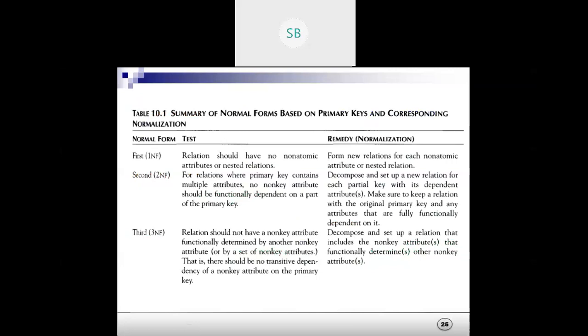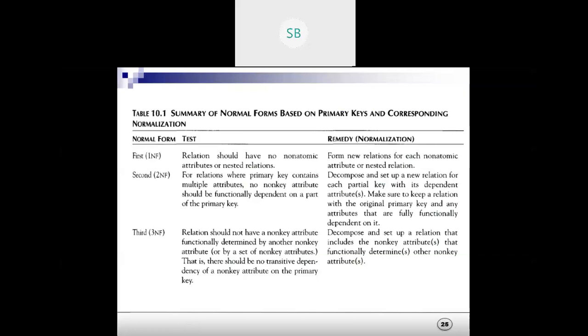Just now I gave the example of state and city, right? In that case there will be a transitive dependency. If a relation has a non-key attribute determined by another non-key attribute, that means there is a transitive dependency.